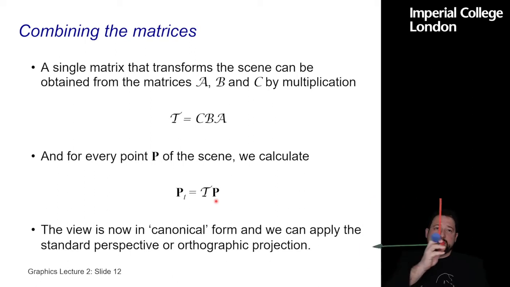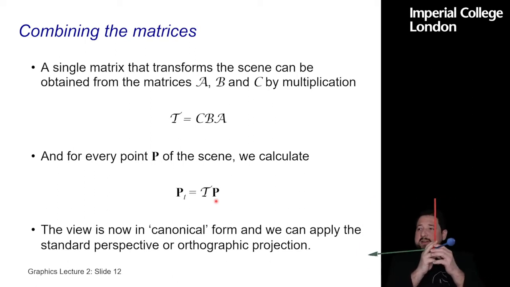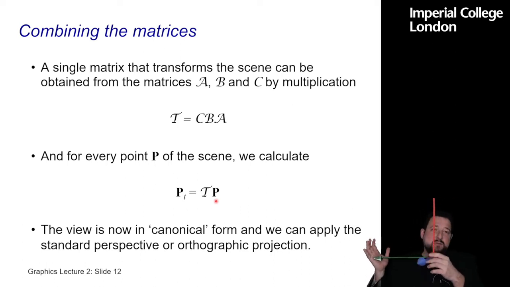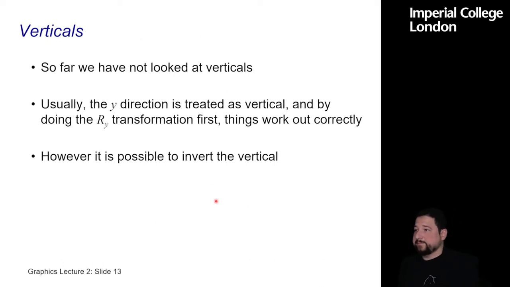So we also call this the view coordinate system. We also call that a canonical form. So that's a kind of canonical coordinate system. When I have transformed all of my vertices in my scene, then it's in a canonical form, and I can evaluate my camera matrix.